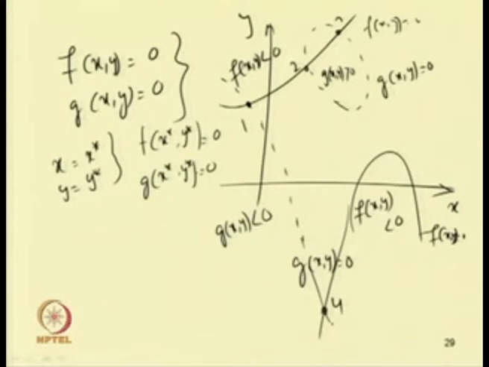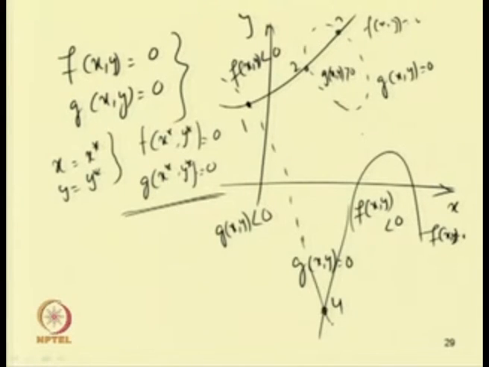So, we have 4 sets of solutions for which f(x, y) will be equal to 0 and g(x, y) will be equal to 0. To find the solution, as we have discussed, the method of bisection and the method of regula falsi will not be suitable, and one can extend Newton's method in this case to find the solution.